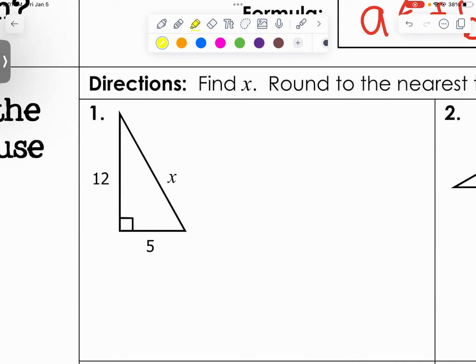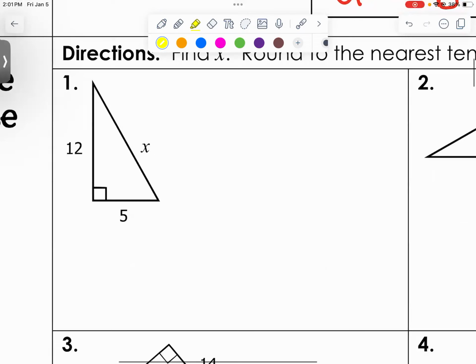Okay. So, zoom in on number 1. X is labeled as a leg or hypotenuse? Jacob says hypotenuse. Okay.